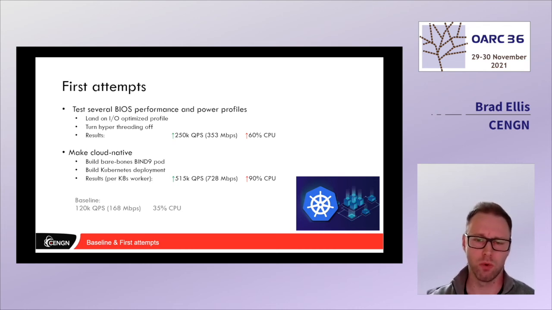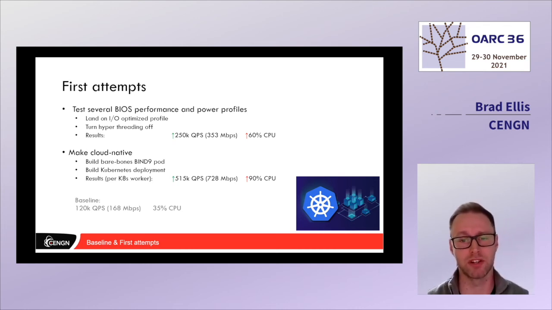So what we did is we decided to expand on that. We made the application cloud native. So we deployed this in Kubernetes by building a Bind9 pod and a custom deployment with load balancing, auto replicas, and so on to scale that out.